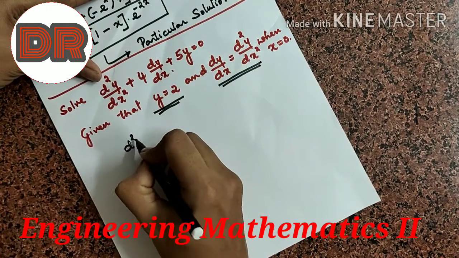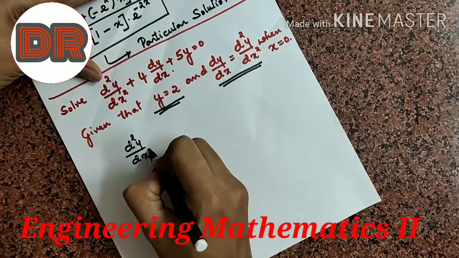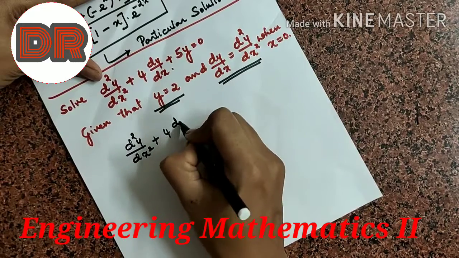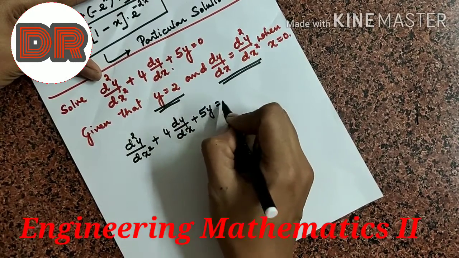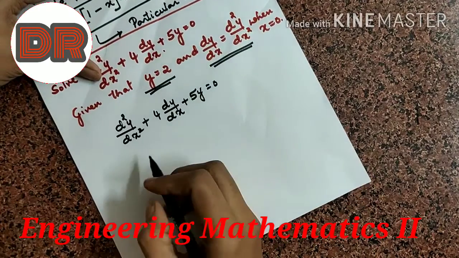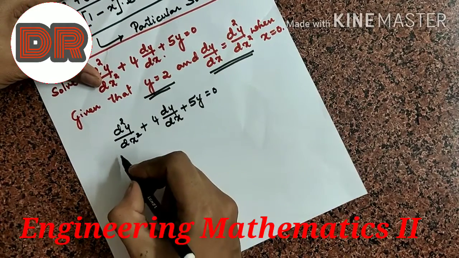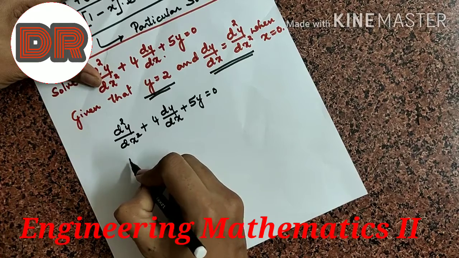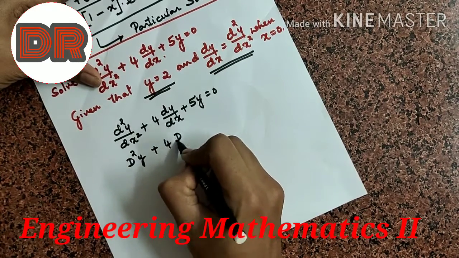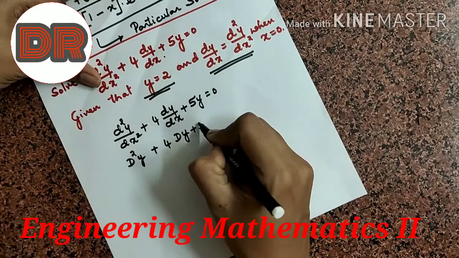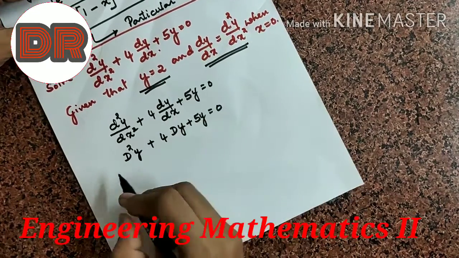Now d square y by dx square plus 4 dy by dx plus 5y is equal to 0. Let me write this homogeneous differential equation using the differential operator. So I can write d square y plus 4 dy plus 5y is equal to 0.